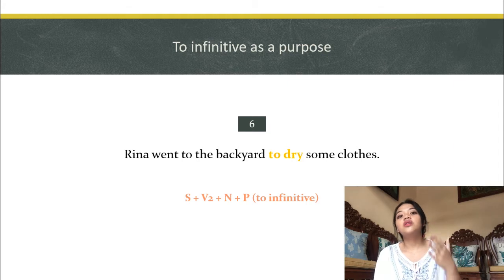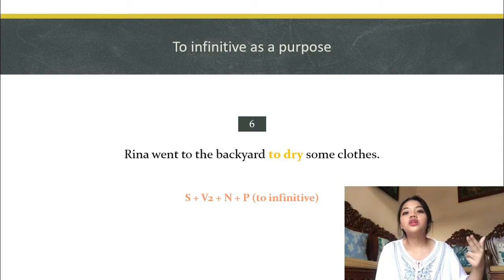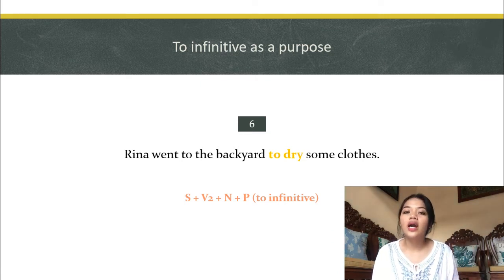So to dry here is working as a purpose in a sentence. So we know that the purpose is the reason why Rina went to the backyard. The purpose, or the reason why Rina went to the backyard, was to dry some clothes.